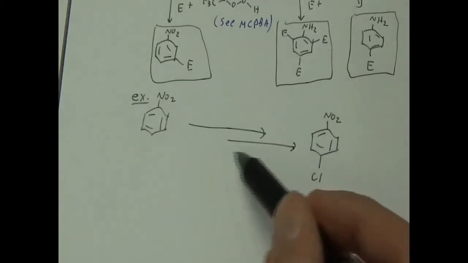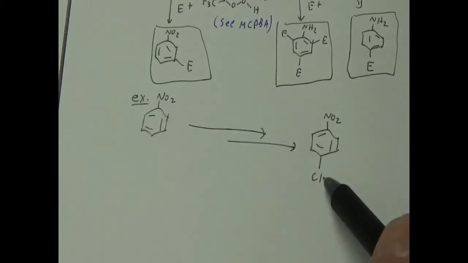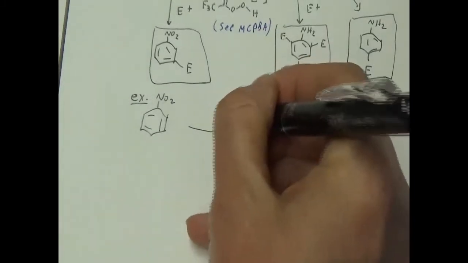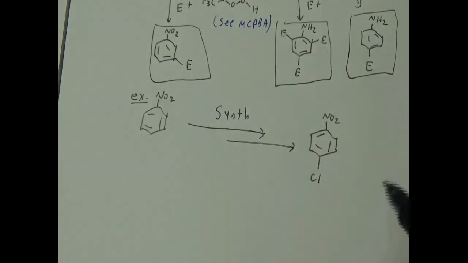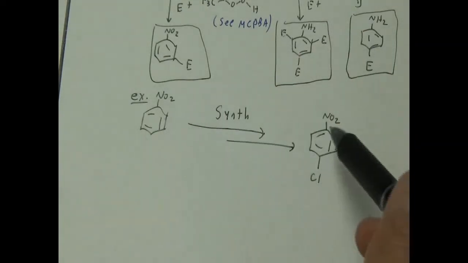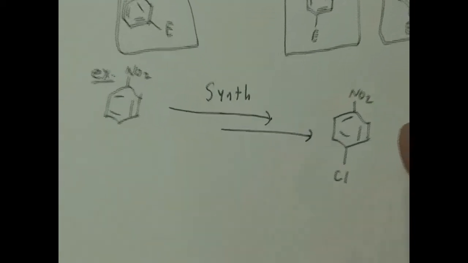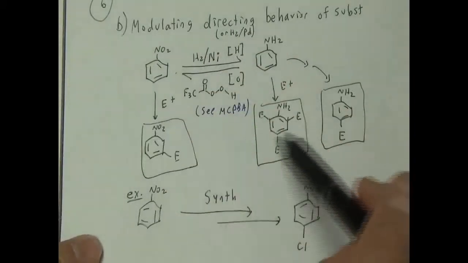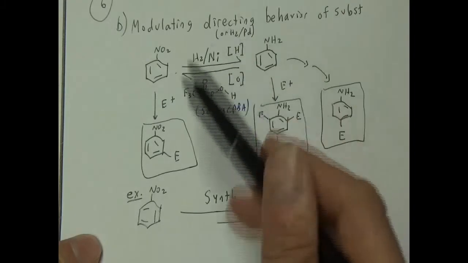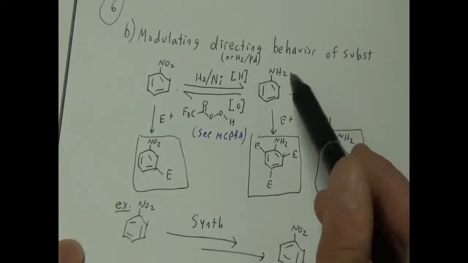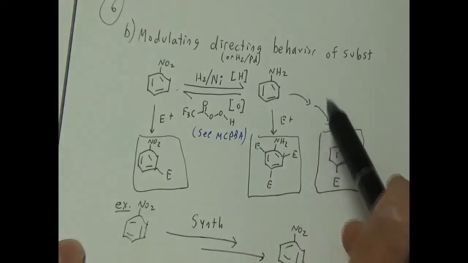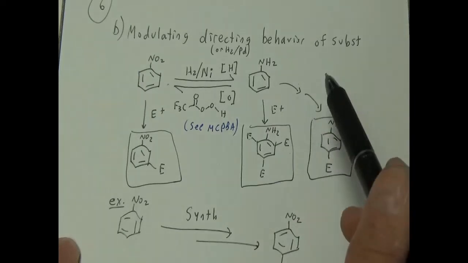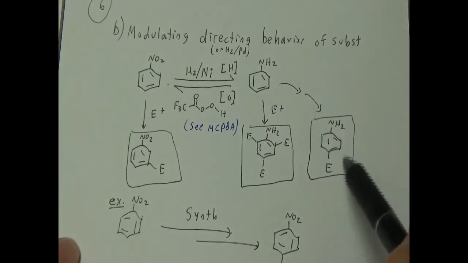How am I going to do this? Is there a magic way to just attach a chlorine? No, because that's a meta director, right? So we're going to have to do some fun multi-step synthesis, right? Nitrobenzene to para-chloronitrobenzene. We're probably going to have to combine what we just learned up here, which lets me modulate the directing behavior, with this, which is basically section A, the last one, which allows me to temporarily deactivate the NH2, attach something, and then return it back to NH2.